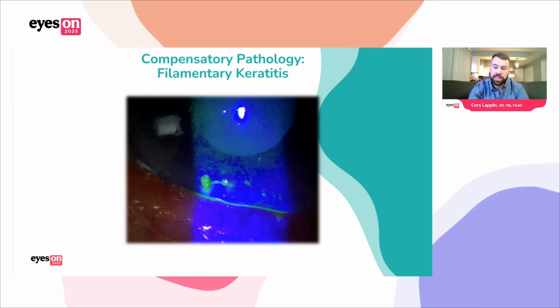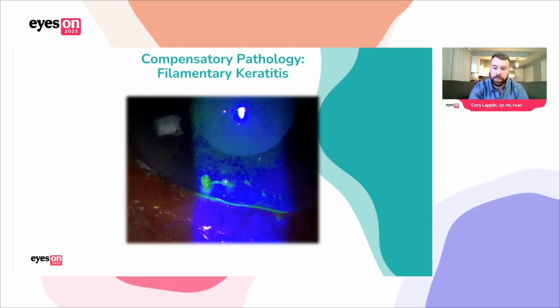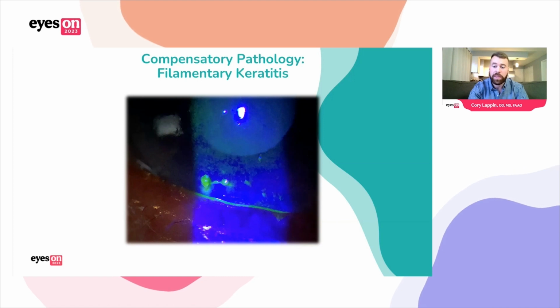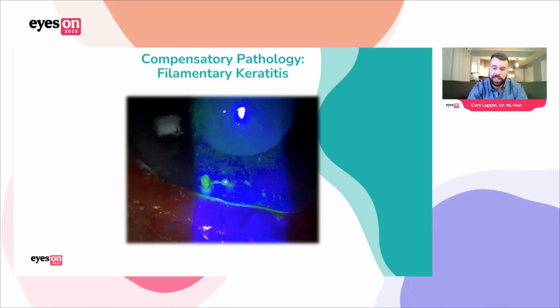And the body responds to this inflammation and irritation by increasing mucus production, with the mucus then surrounding the epithelial cell core in an attempt to reduce friction between the lids and the degenerated cells. The result is an epithelial cell mucus complex that forms the filaments we see in filamentary keratitis. So this condition all stems from the ocular surface experiencing excessive friction, and then the body attempting to reduce this friction by increasing lubrication by producing more mucus.